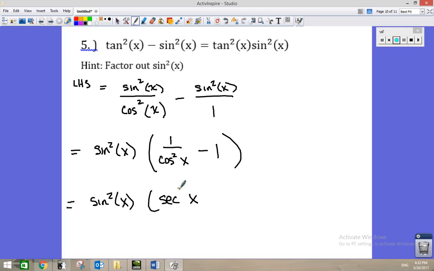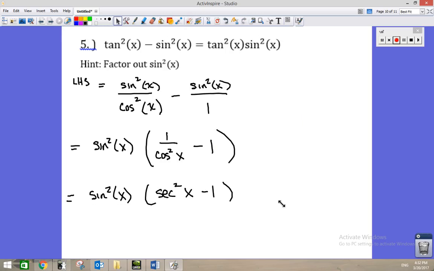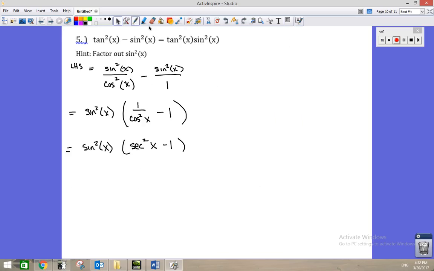And since it's cosine squared, this will be secant squared minus 1. And we have a Pythagorean identity that tells us that tangent squared of x plus 1 is equal to secant squared of x. So if we move that 1 to the other side, what we have here is sine squared of x. And we can replace this guy with tangent squared.